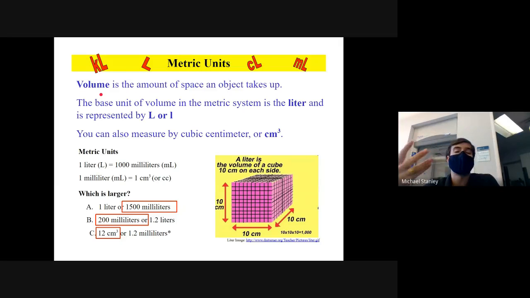Volume is how much space an object takes up. It's represented by liters, or L's. Mass is how heavy something is, and it's represented by grams, G. And then distance or size or length is measured by meters, represented by an M.